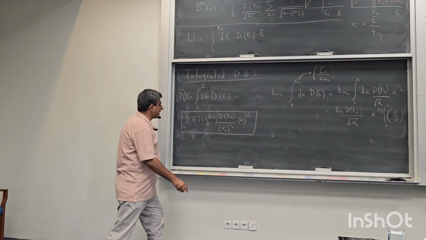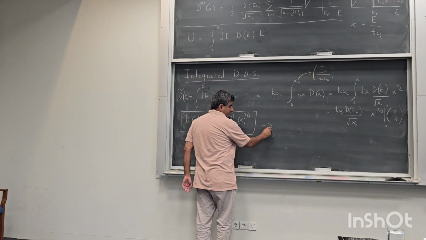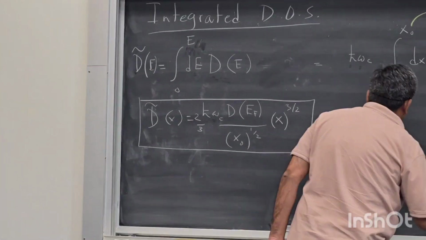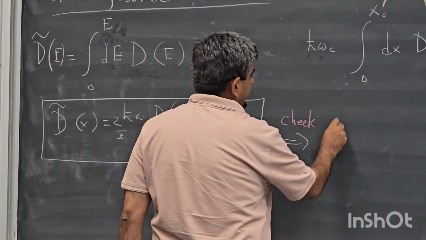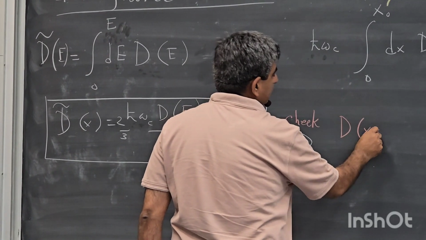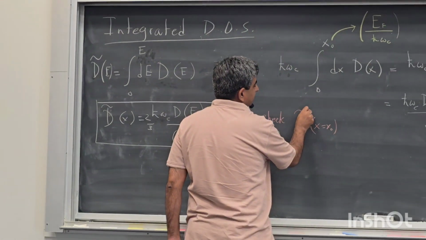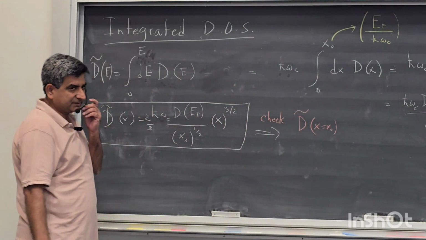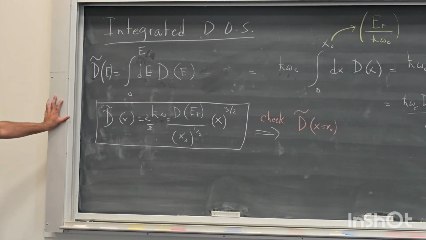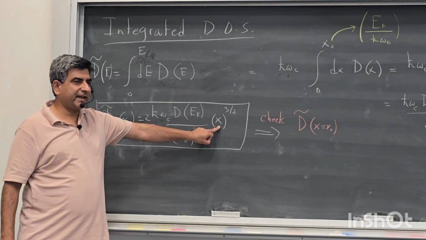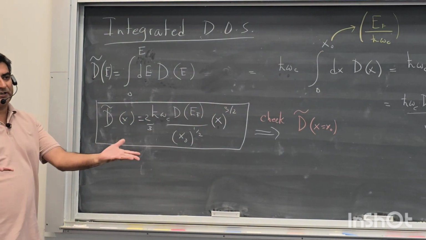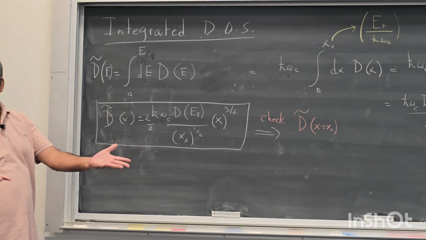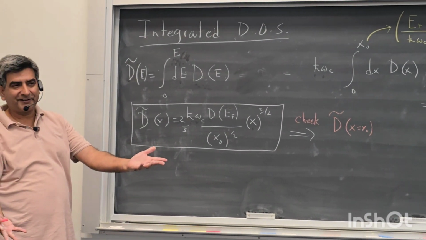Let's check that when the upper limit is x equals x naught, this must give us the number of electrons. If I put x equals x naught, this expression should give me the number of electrons, because it is an integrated density of states.